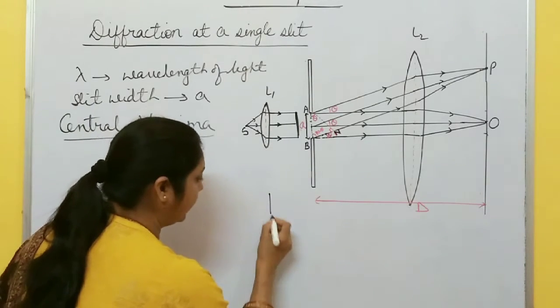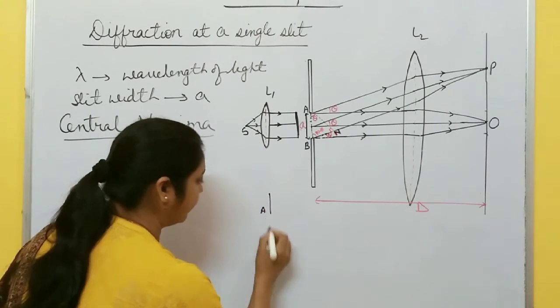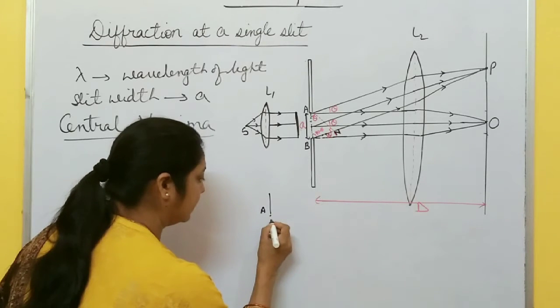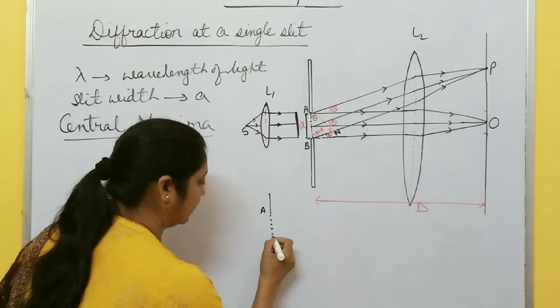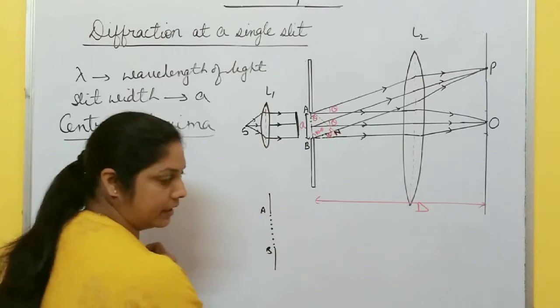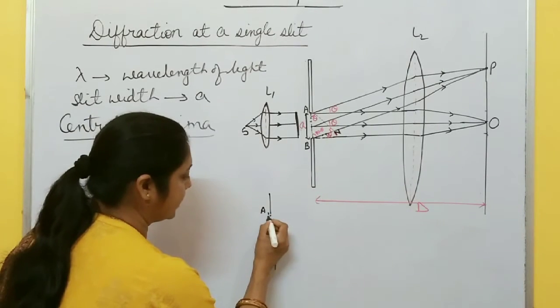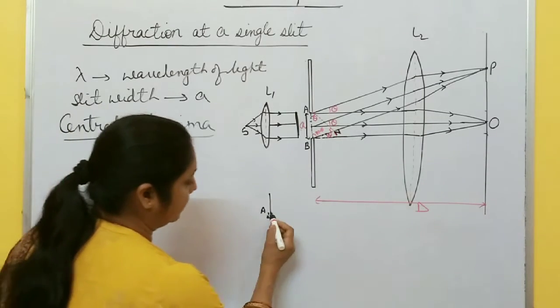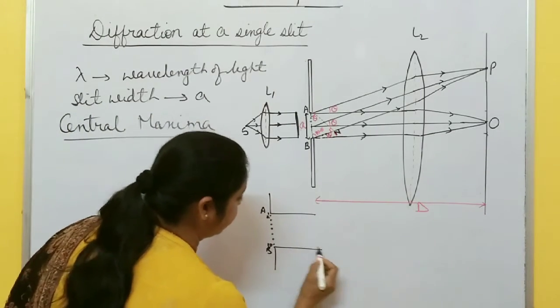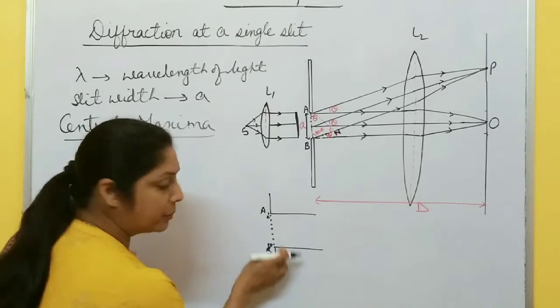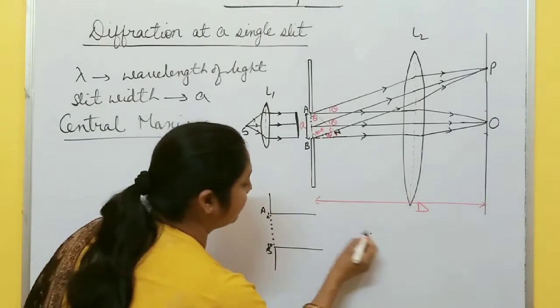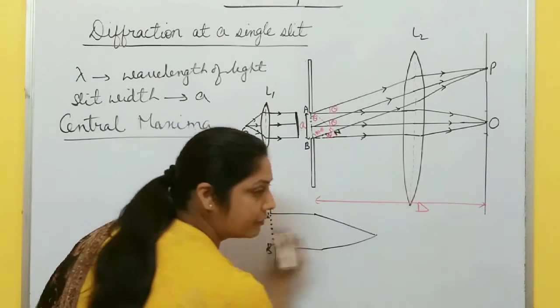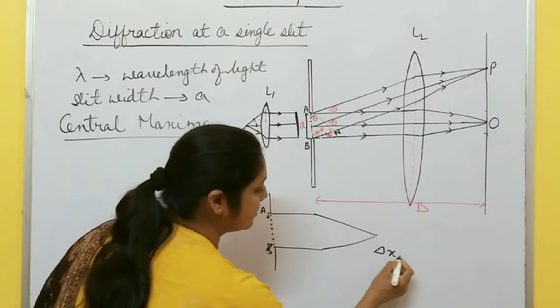Suppose between A and B, this is A and this one is B, there are 10 sources. This one is first, 2, in this way 10. These two corresponding wavelets from the two parts of this slit reach the point O in the same phase, path difference is 0.